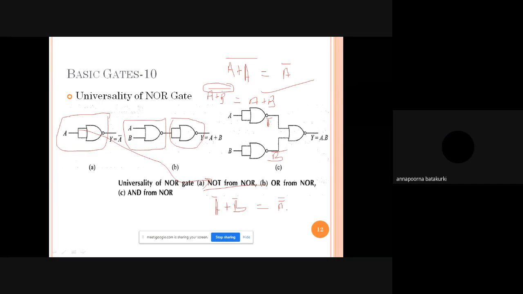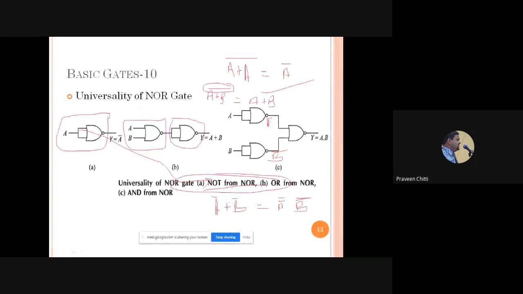A double bar dot B double bar. Because if you want to remove this complement, you have to change plus to dot, right? And then take the individual complement. A bar is there, make it A double bar. B bar is there, make it B double bar. Then the double bar vanishes, and finally you get A dot B. So this is how we can construct AND, OR and NOT gate using only NOR gate.